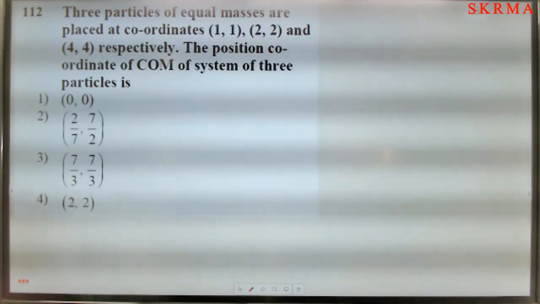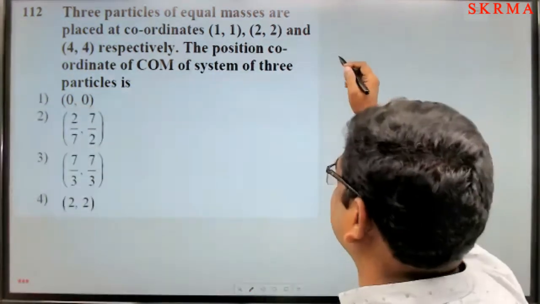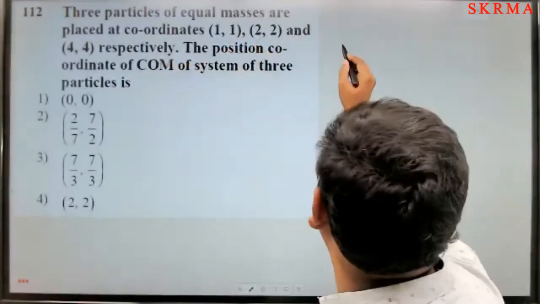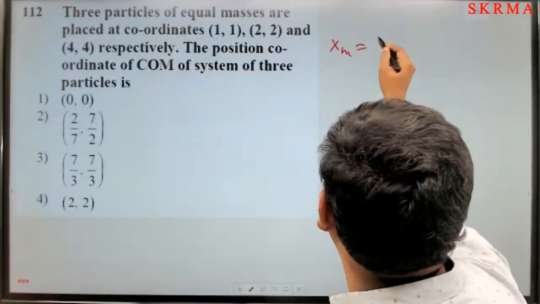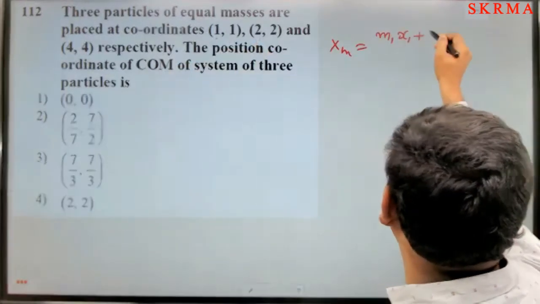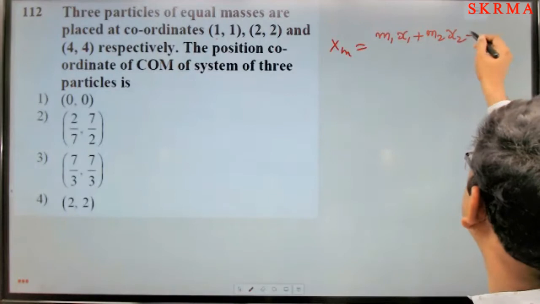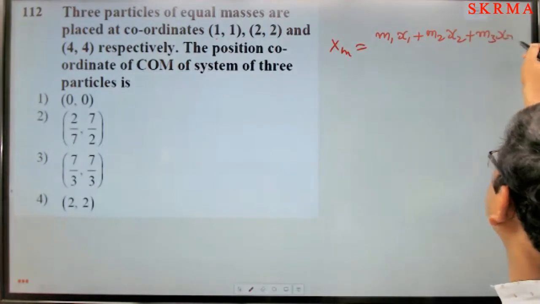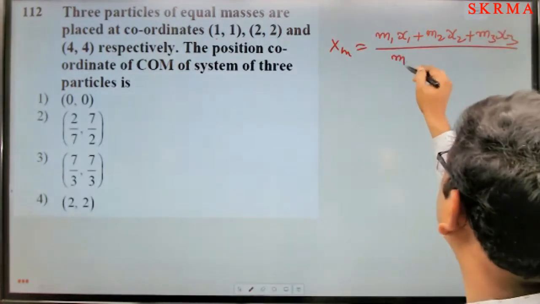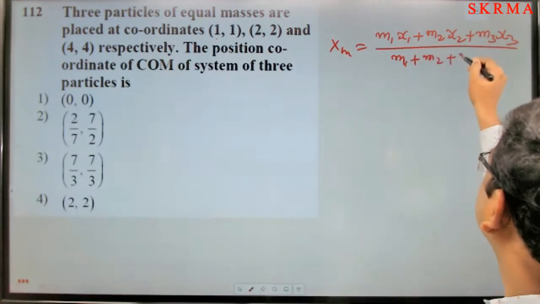Next one. Three particles of equal masses are placed at coordinates (1,1), (2,2), (4,3), (4,4) respectively. Then the position of center of mass. So all masses are the same. Write down XCM equals m1x1 plus m2x2 plus m3x3 by m1 plus m2 plus m3.